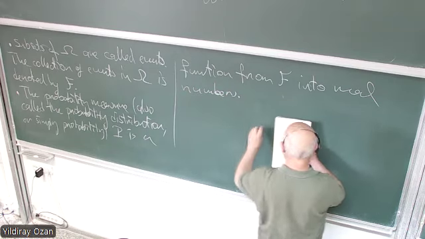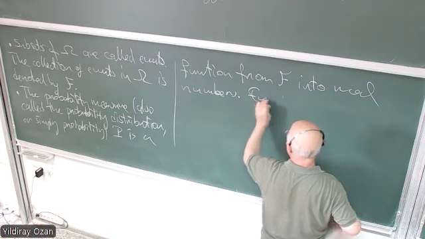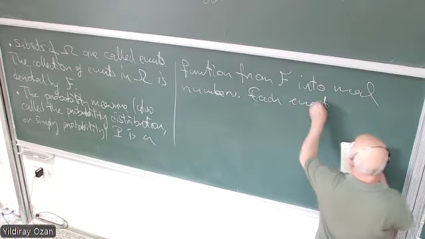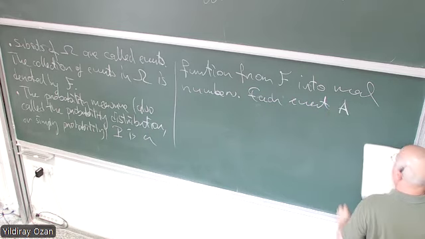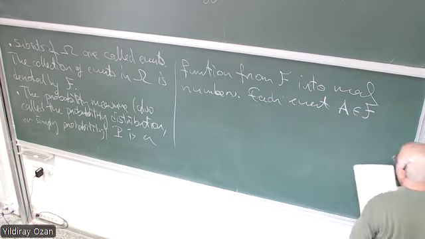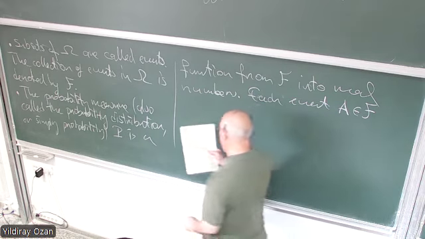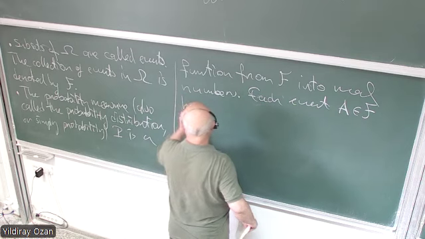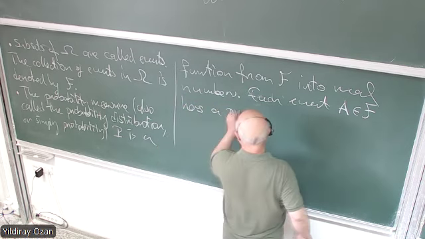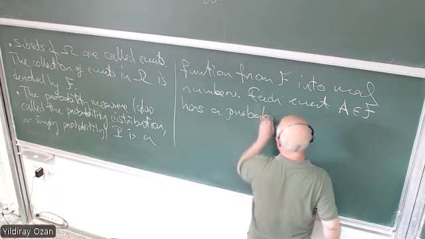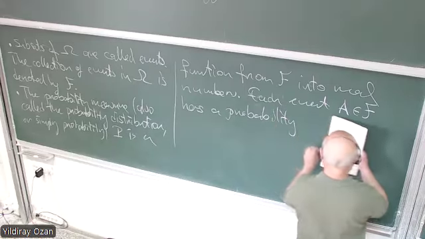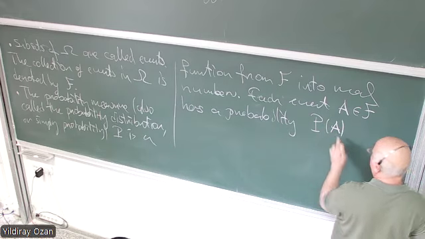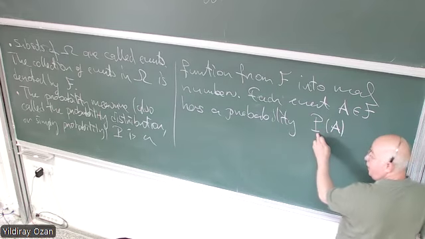Each event A, which is an element of this collection of events, has a probability denoted by P of A. Probability of this event to happen, okay?